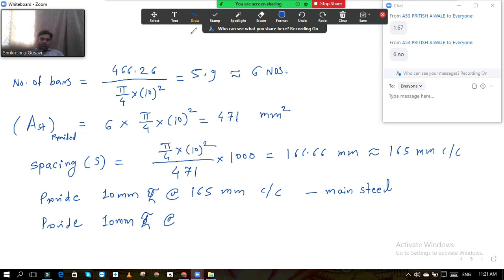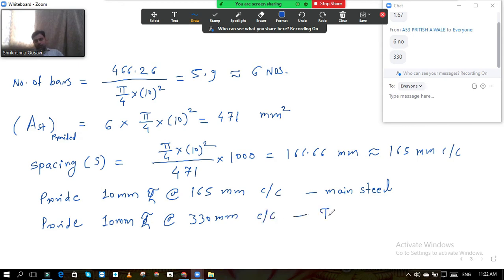What is the double of 165? 165 into 2 is 330. Okay, so 330 mm center to center. So this is your top extra bars.